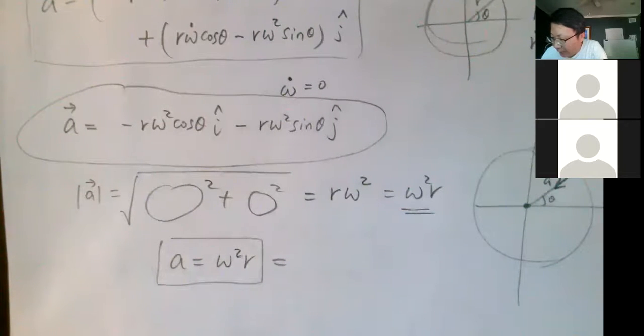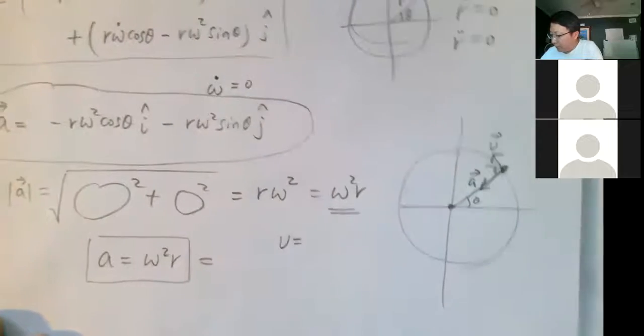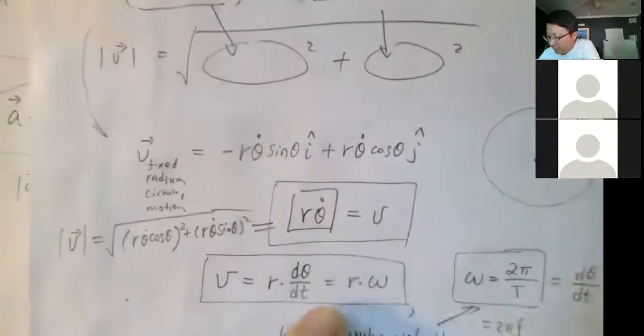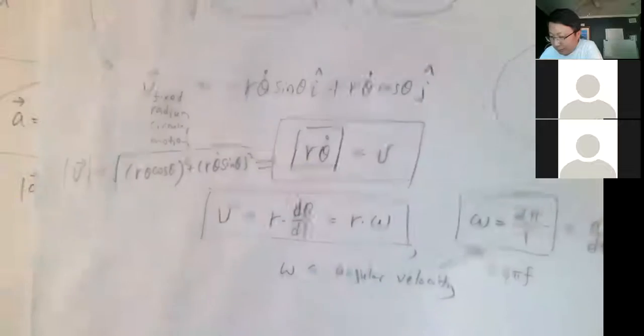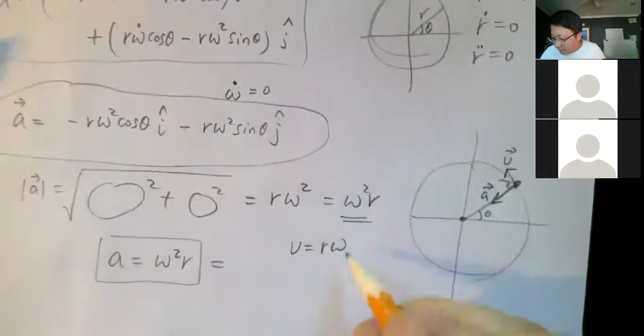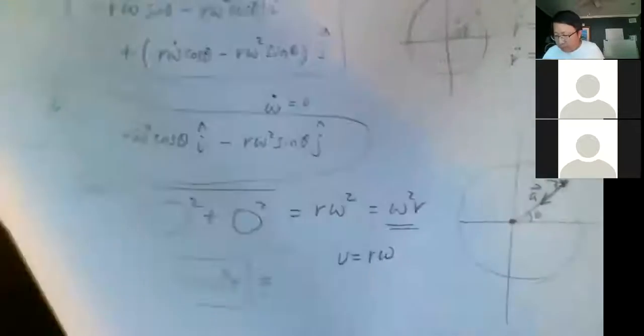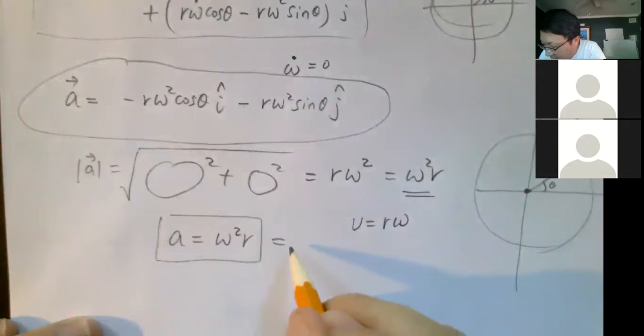Can we write one more time? We know V equals r omega here. So in that case, this one becomes what?